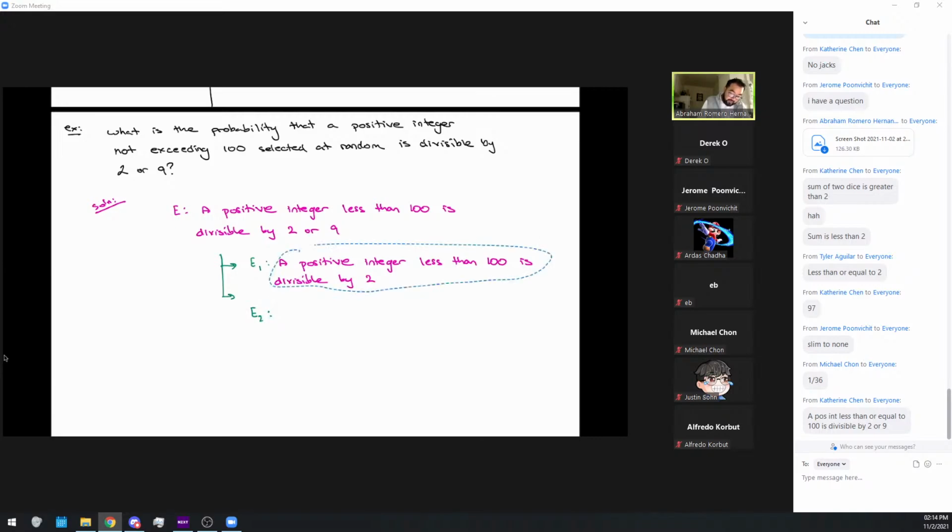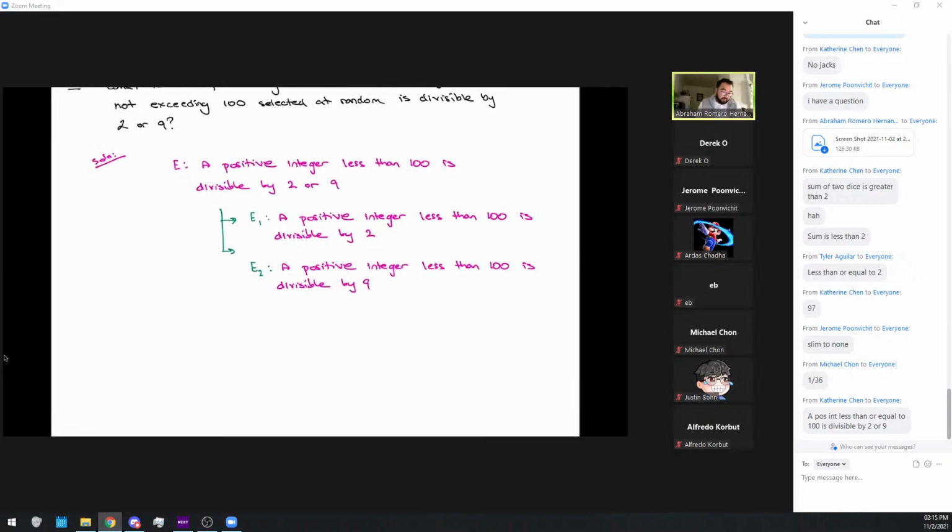And then you have the other possibility, E sub 2, a positive integer less than 100 divisible by 9. So there's two events here technically hidden. We're going to look at these two events. We're first going to find out how many numbers are divisible by 2, and then how many numbers are divisible by 9.